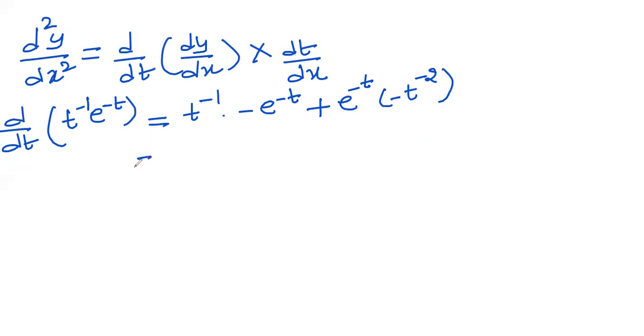So this is going to be minus 1 over t e power t minus 1 over e power t times t squared.